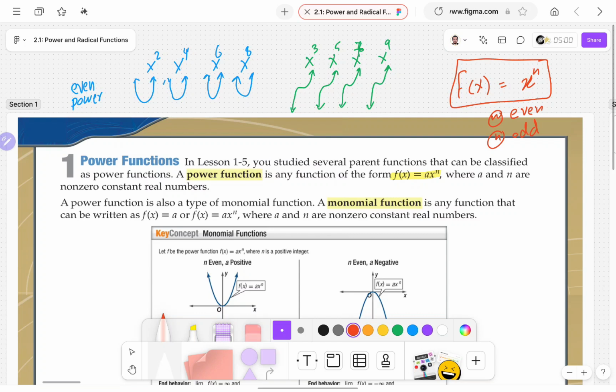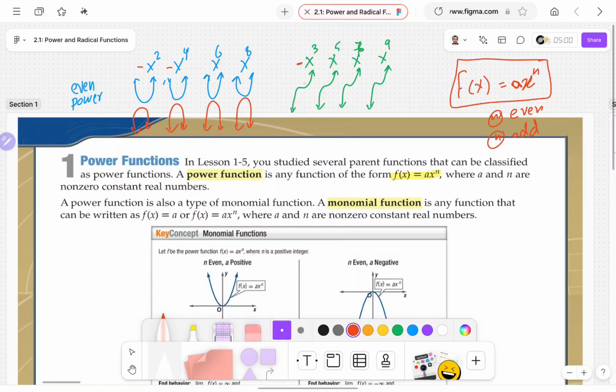Now how about if I have a, the leading coefficient? A here is considered the leading coefficient, when A is positive and when A is negative. For example, if I have a negative, the graph will be downward. So all of these, when I have a negative, the graph will be downward. How about the odd one?